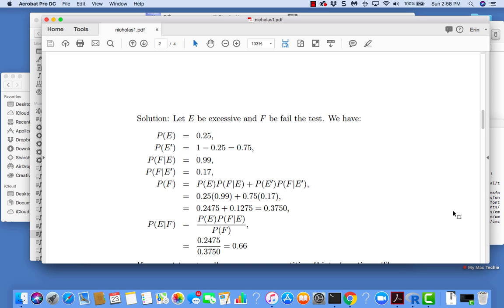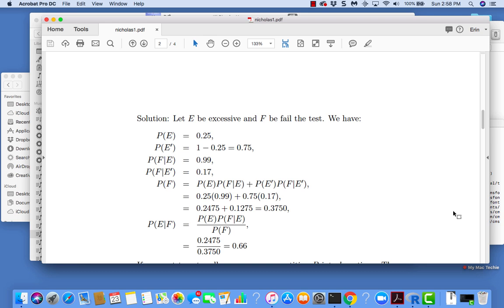So I've got two distinct partitions, excessive, non-excessive. So then I have the probability that I fail the test given that I have excessive amounts is 0.99. The probability of failing given not excessive amounts is 0.17. And again, that's all just from the story.